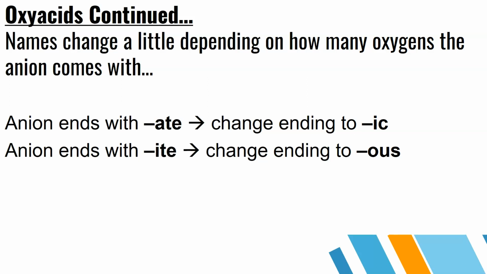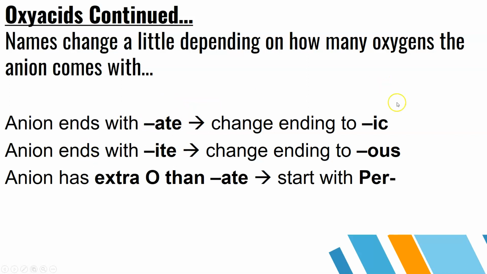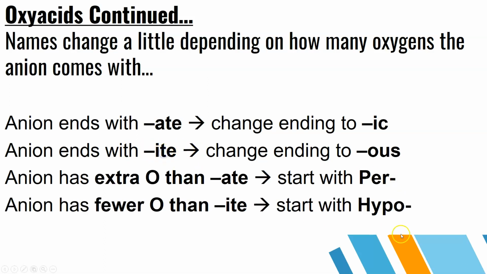If your anion has an extra oxygen than your "ate," then it's going to start with "per." If you have less oxygens than your "ite," you're going to start with "hypo."